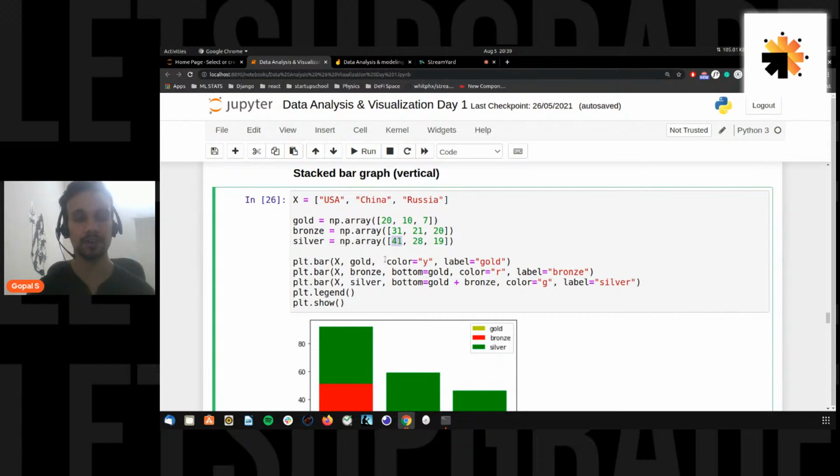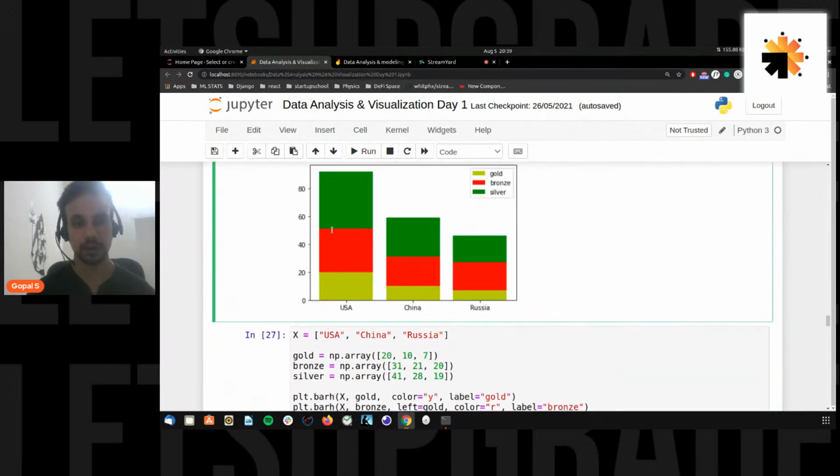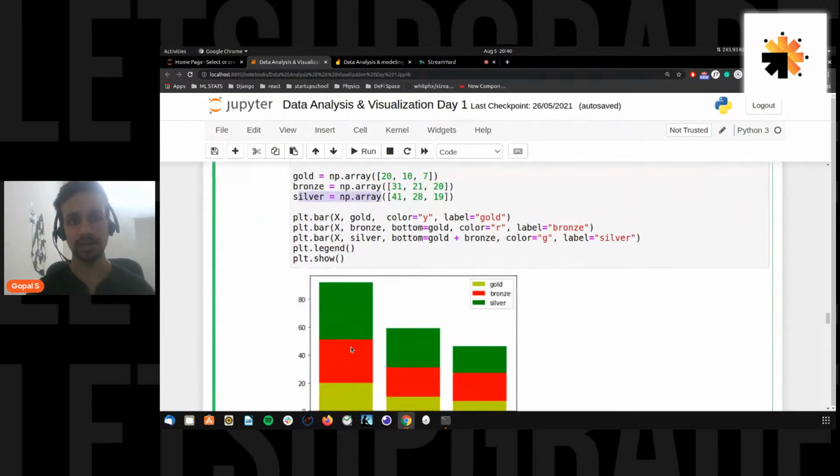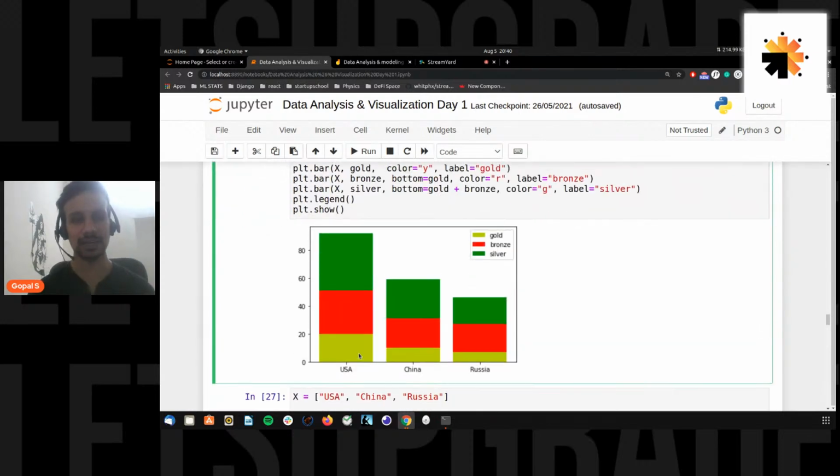And for which nation? For the US. Just assume this entire code as a matrix. Neglect these values, don't look at them right now, and put these values here like USA 20, 31, 41 for gold, bronze, and silver. That is what is happening right now. This is your stacked bar graph.